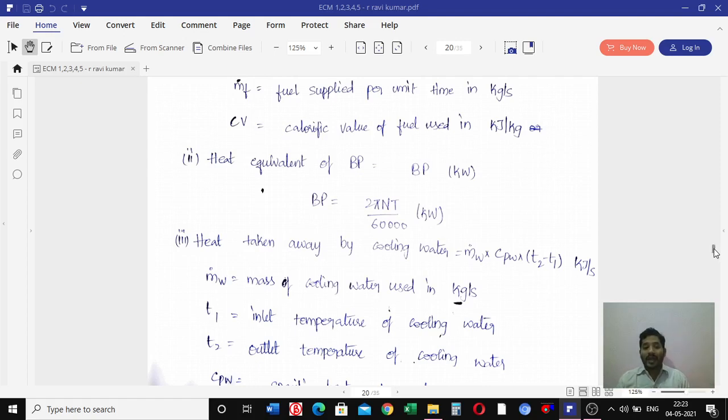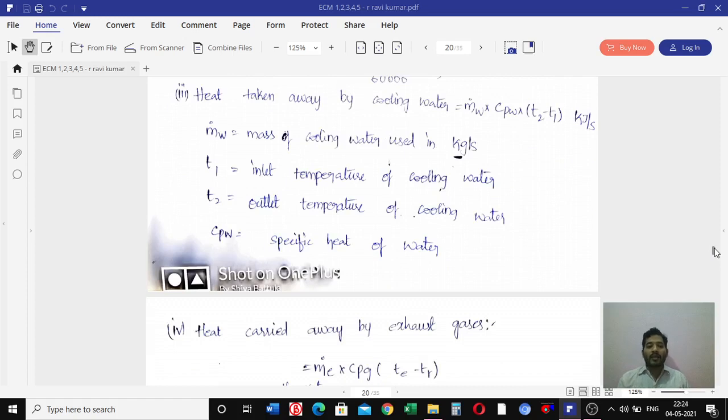The third one is the heat taken away by the cooling water. The heat taken away by the cooling water is equal to the mass of cooling water used in kg per second, where T1 is the inlet temperature of the cooling water, T2 is the outlet temperature of the cooling water, and CPW is the specific heat of water.